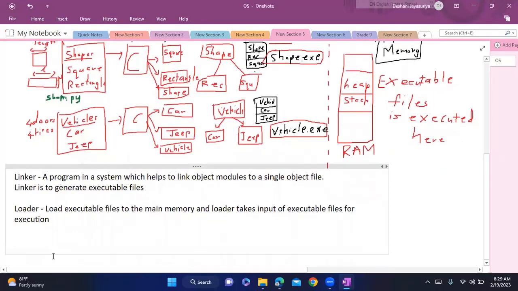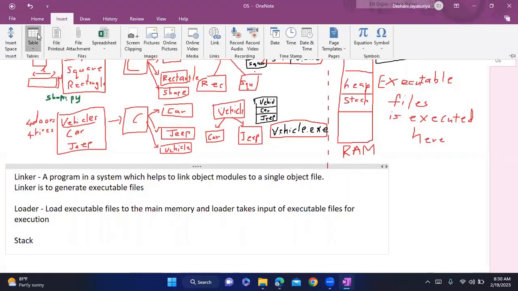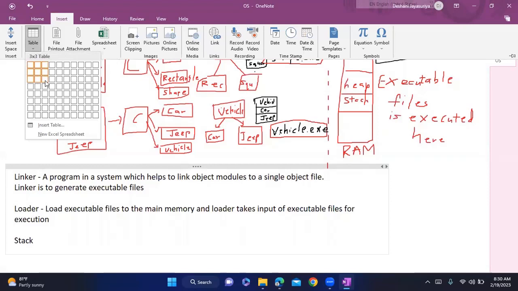And we will discuss the difference between what is stack and what is heap, right? Heap and stack. Stack is where we can have a small table kind of a thing, because this is another important part.